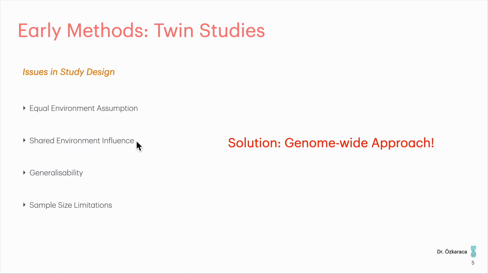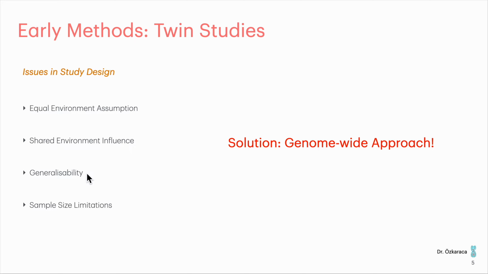The second issue is shared environment influence. The ACE model assumes orthogonality, that is, the shared environmental effects and additive genetic effects are independent and do not overlap in their contribution to trait variance. However, this assumption is not necessarily true in practice, especially under scenarios such as gene by environment interactions.